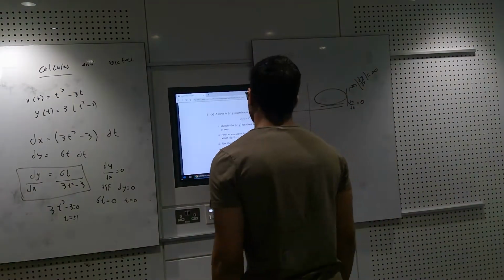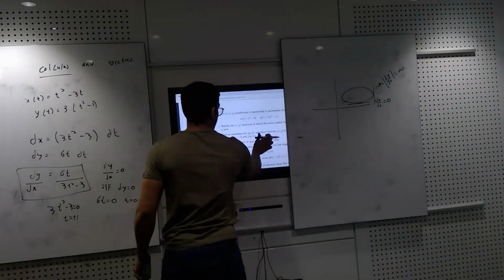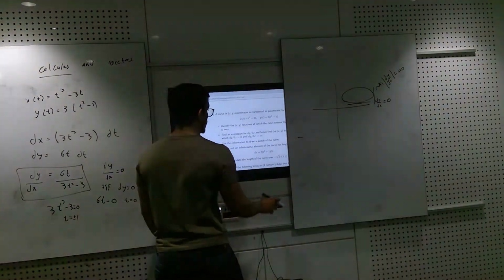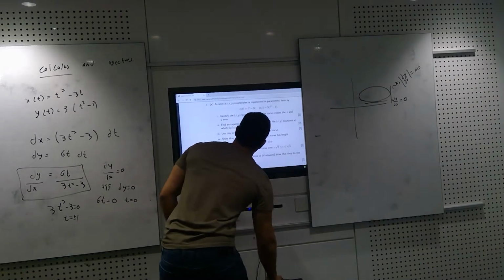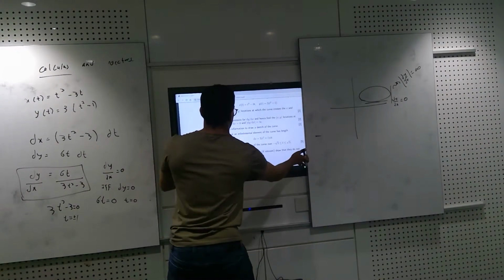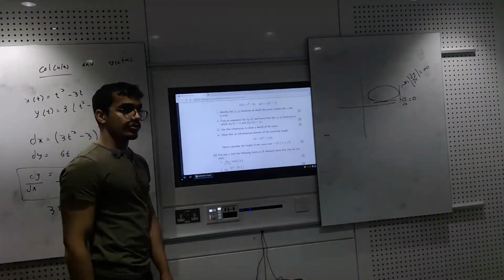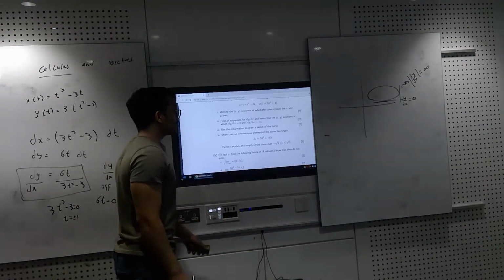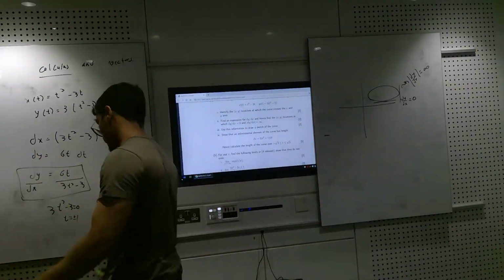That's when delta x is equal to 0, and it will be 0 if delta y is equal to 0. So the infinitesimal element of the curve has the length of this thing.